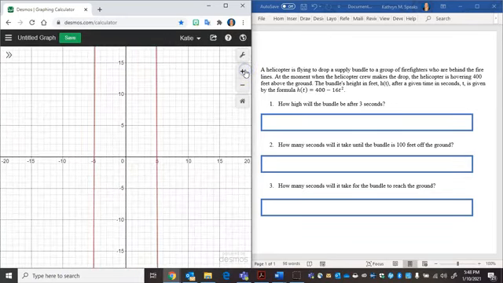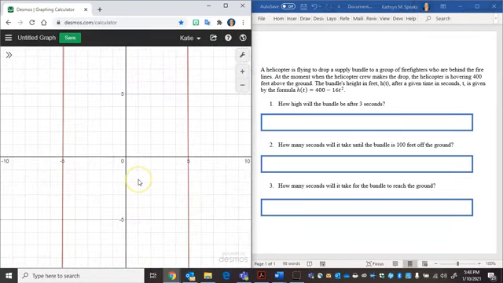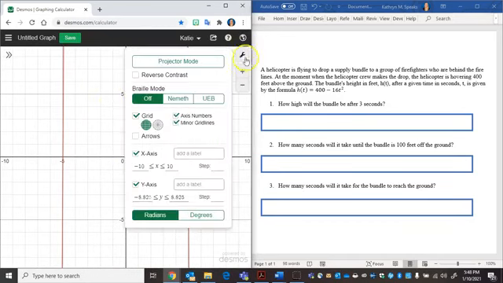So if I go back to where we started, what we need to do is change the settings on our window so that we can actually see the parabola shaped graph. I'm going to click the little wrench, and here I have my settings. Let's think about what these numbers mean. On the x-axis, x is the same as t in this case.